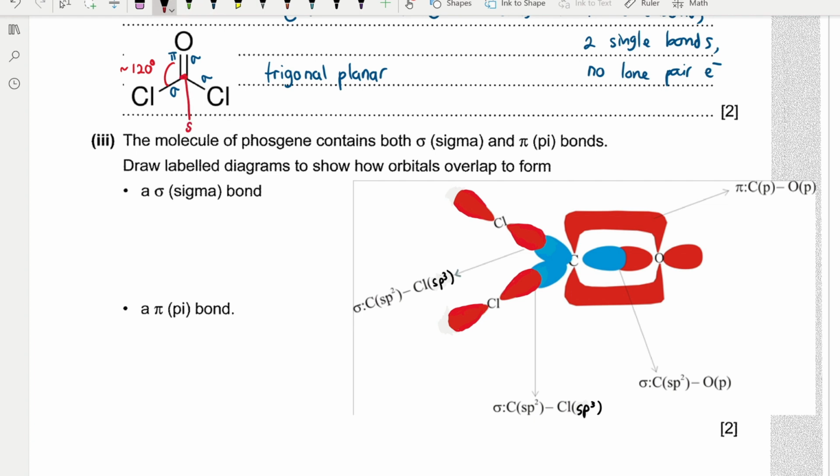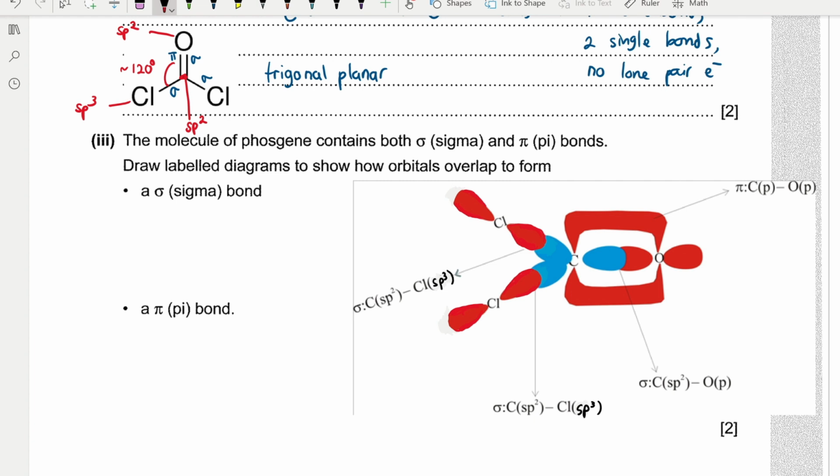Carbon is sp2 hybridized because it forms one double bond. So that means it needs to reserve one p orbital to make a pi bond, right? Whereas our chlorine is sp3 hybridized and oxygen is sp2 hybridized for the same reason as carbon. Oxygen also forms one pi bond, so it needs one p orbital to form that pi bond.